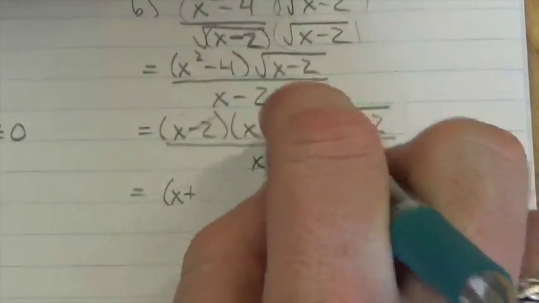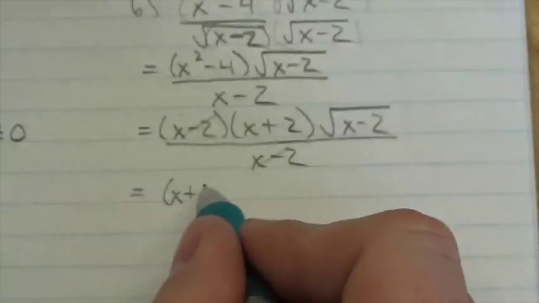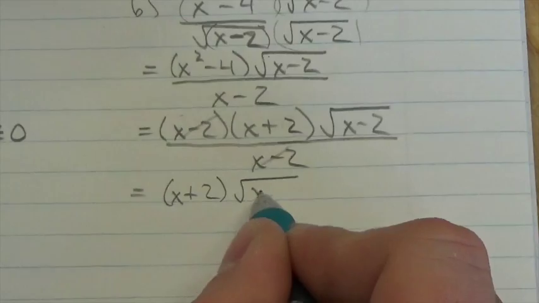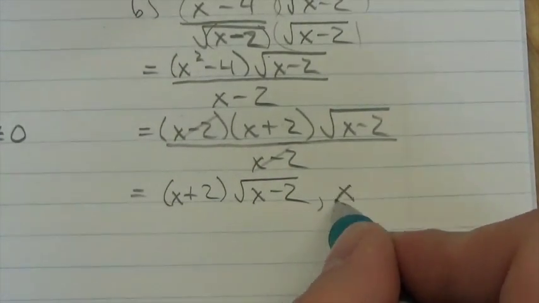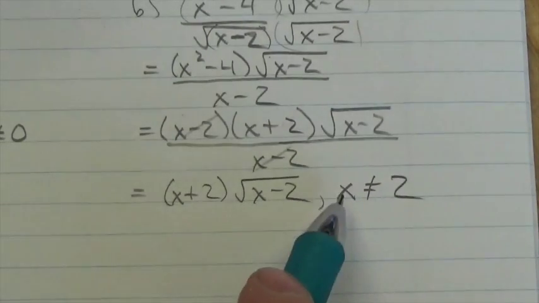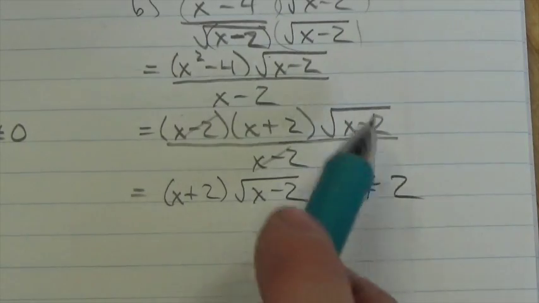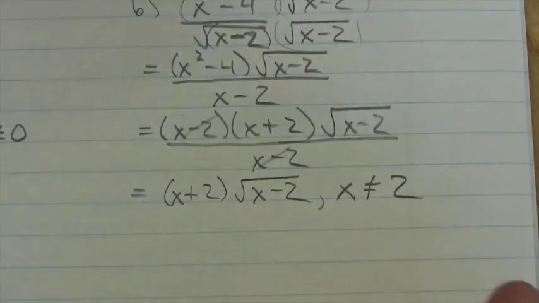Oh, whoa, I have no idea why I wrote a 4 there. That's just crazy talk. x plus 2 multiplied by the square root of x minus 2. I dropped the x minus 2's, which means I've actually lost the restriction that x can't be equal to 2, so I have to include that. But the fact that it's got to be greater than 2 is still there because of the radical. Good.